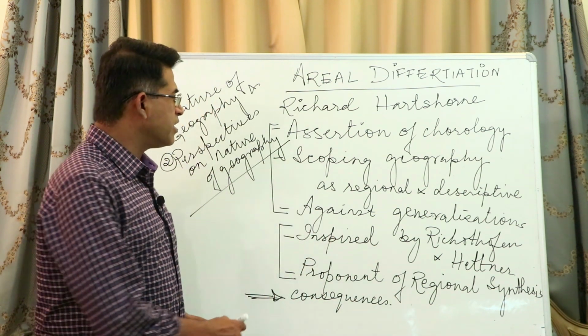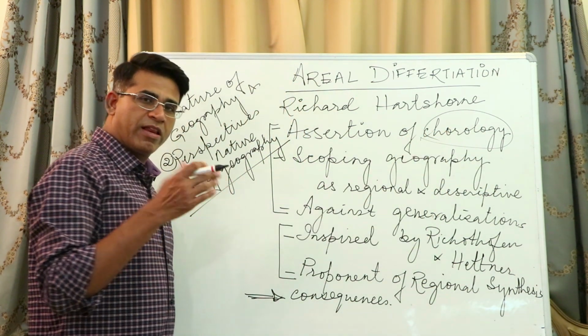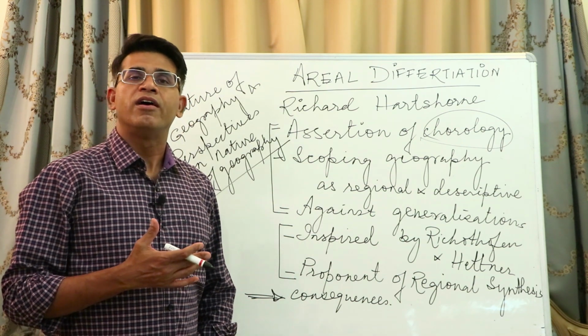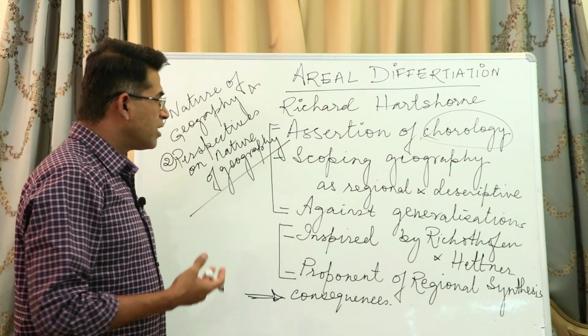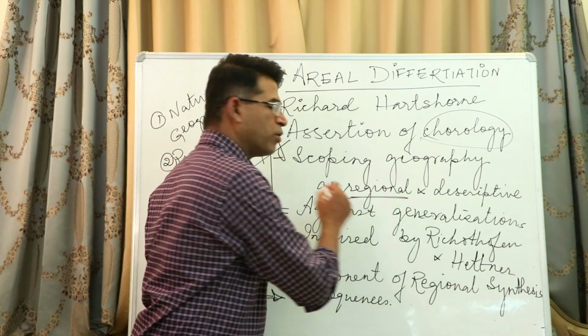So what's geography? He says geography is essentially chorology, very much like the regional geography of Kant, the special geography of Varenius. Areal differentiation is regional in approach.